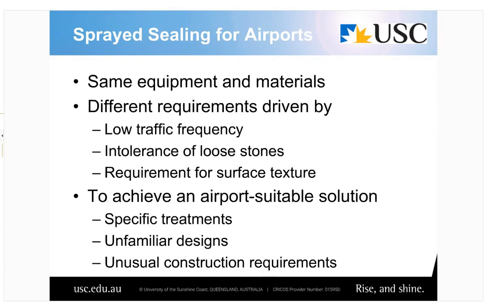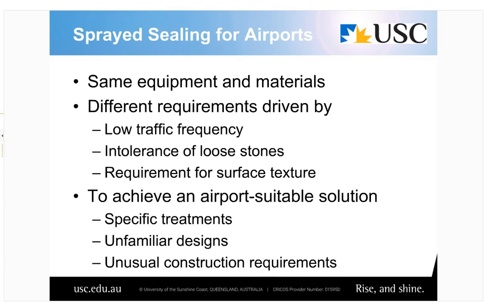But to achieve a spray seal solution that is suitable to airports, we need different treatments which are unfamiliar from a design perspective to the road spray sealing contractors and potentially local council road engineers, who are very familiar and competent when it comes to spray sealing roads, but might not understand these subtle differences that are required to achieve a good airport seal.